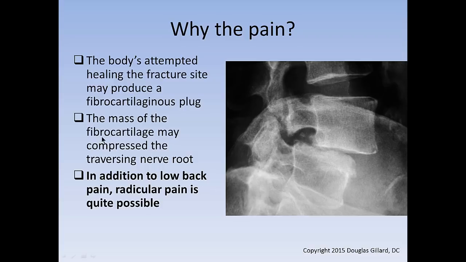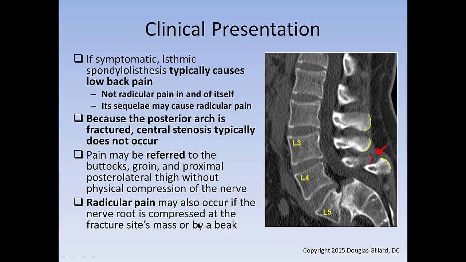Let's see, do we need to say anything here? No. Talked about all that. Clinical presentation, we've talked about that before. What's that? That's that step sign. So if symptomatic spondylolisthesis typically causes low back pain, true.